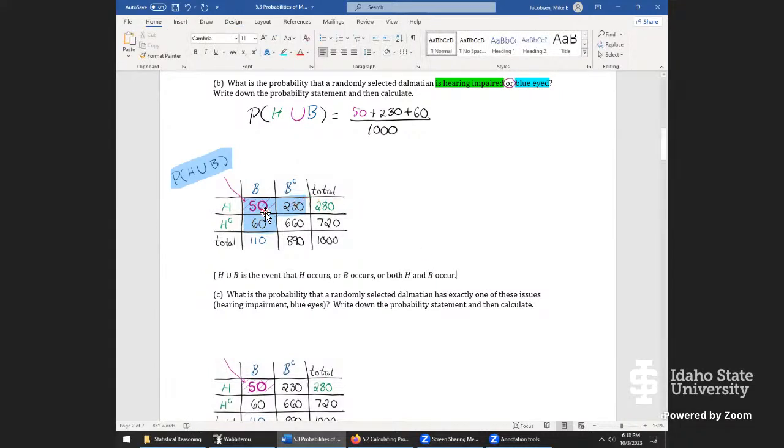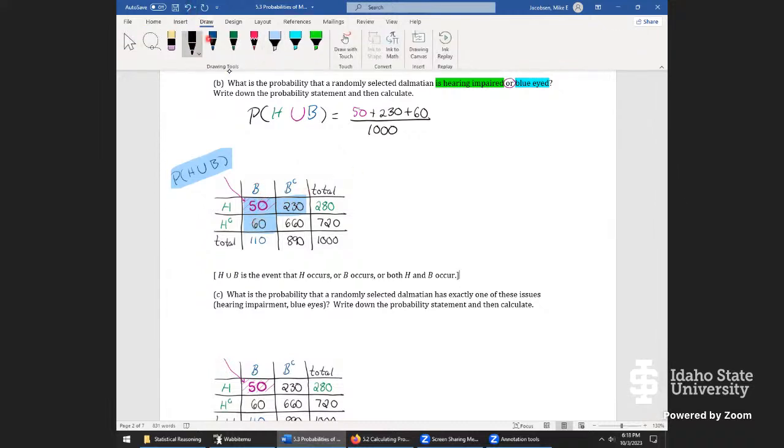So in other words, right here, that's H and B occurring at the same time. Down below, this is only B occurring. H did not occur this time. And right over here, this is the event that H occurs, but B did not occur. So a union symbol is really kind of weird. It means one happened, the other happened, or both happened. So that's why we grab those three values.